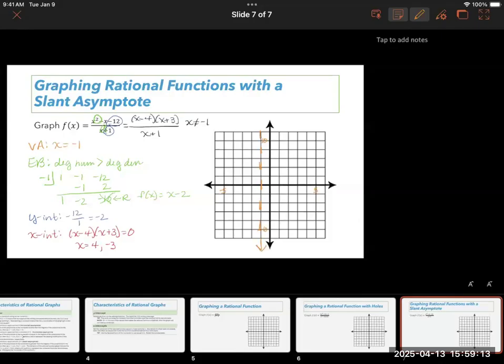So that's going to go there. Then I have a slant asymptote at f of x equals x minus 2. So that means I have a negative 2 y-intercept, and I have a 1 for a slope, which based on the scales I have, going up 1 is only half a box, over 1 is going to be a full box.